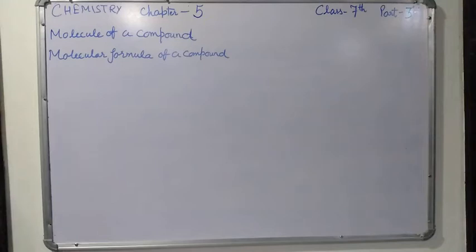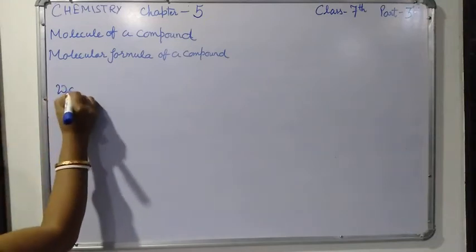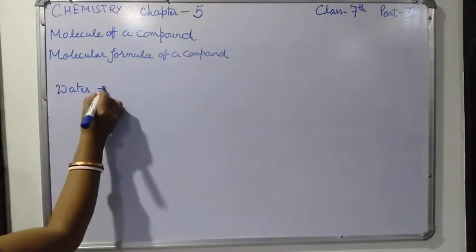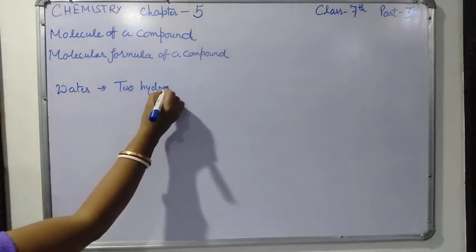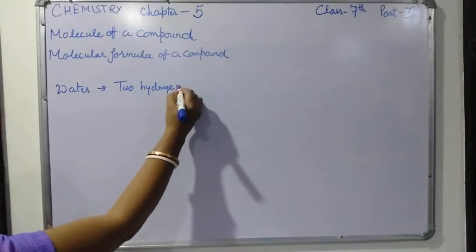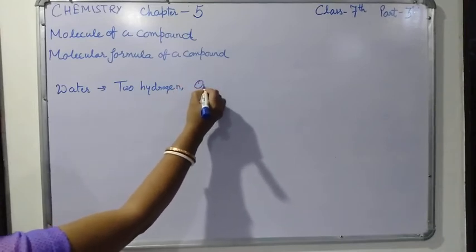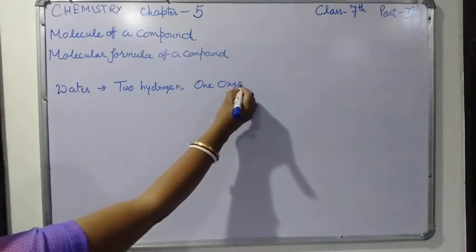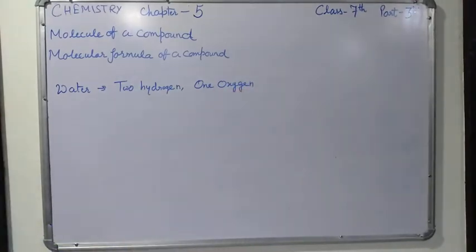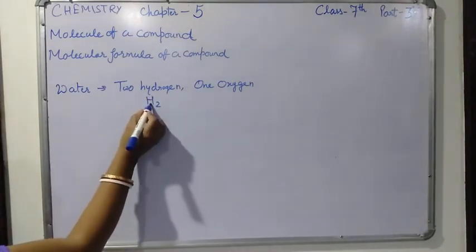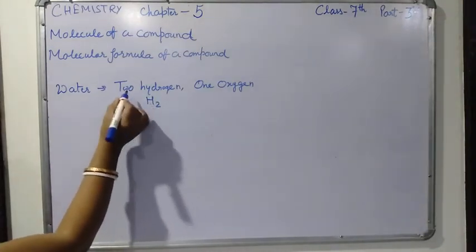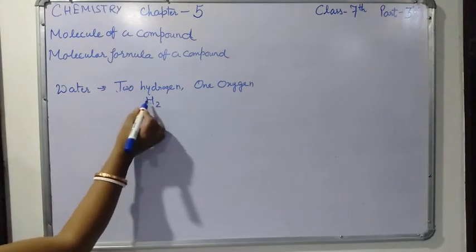For example, water contains two hydrogen atoms and one oxygen atom. So how will you write the formula? Two hydrogen atoms, so H2, because we know the symbol of hydrogen is H, and since two hydrogen atoms are there, we write H2.